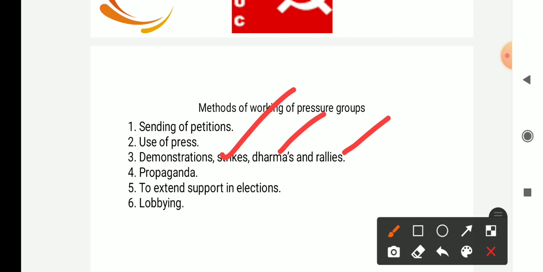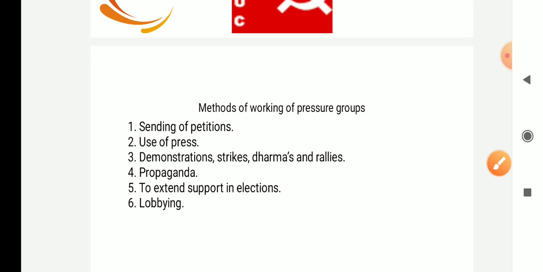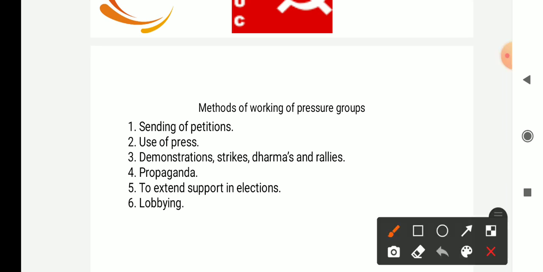Propaganda is advertising their views in newspapers, magazines, and doing public meetings and telling their views about that. In that way they win favor of the people and the government also. Then they exert certain kind of election support for certain candidates who promise them to work for them after the election and to solve their problems if they win.